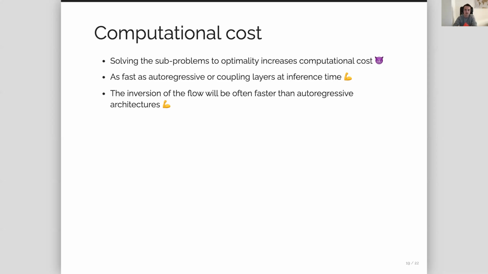But as we start from this completely cyclic graph, it takes time to find a good acyclic graph that reaches good density estimation performance. However, once the Bayesian network has been found, at test time, this is as fast as autoregressive or coupling layers. And while it can reach performances that are on par or even better than autoregressive layers, as you can force some kind of sparsity in the Bayesian network, then you will be able to invert your model faster than you are able to do with autoregressive layers.